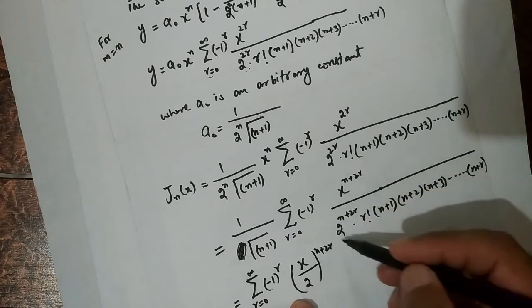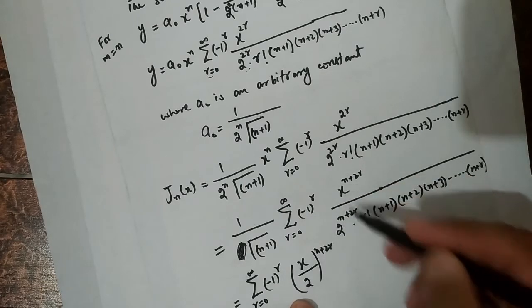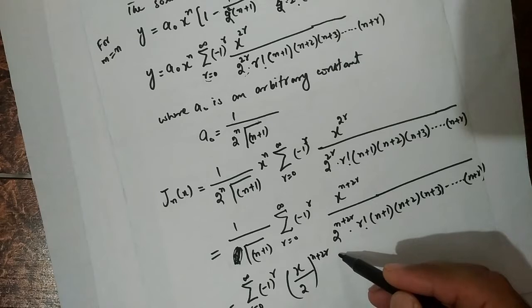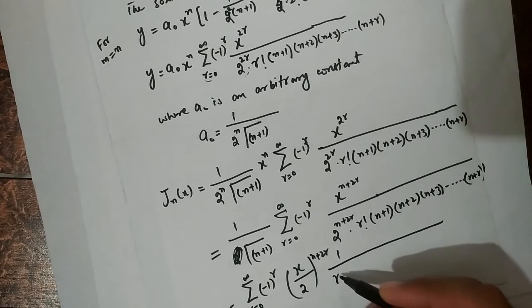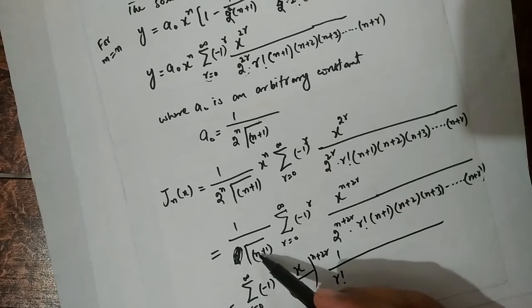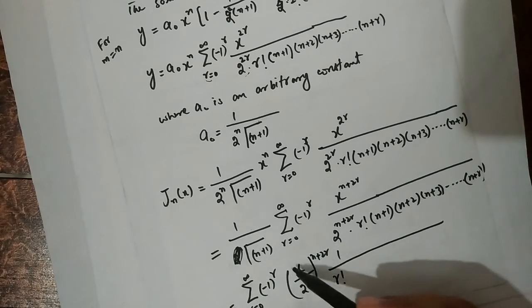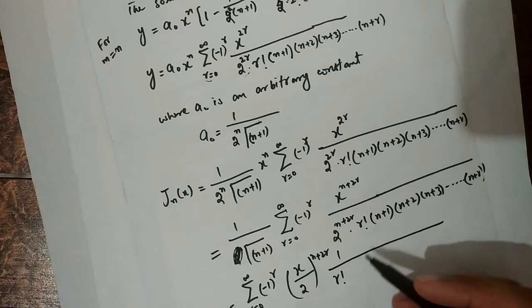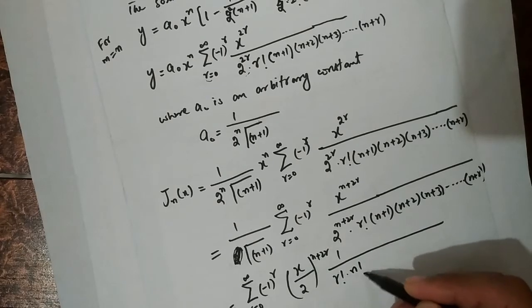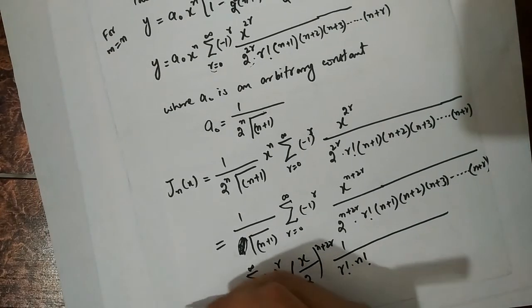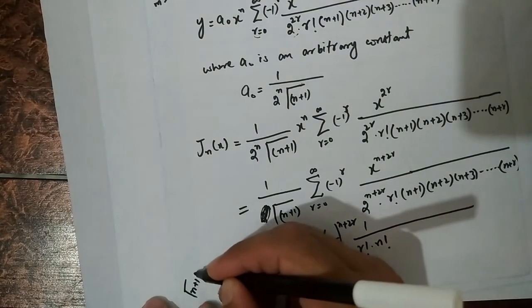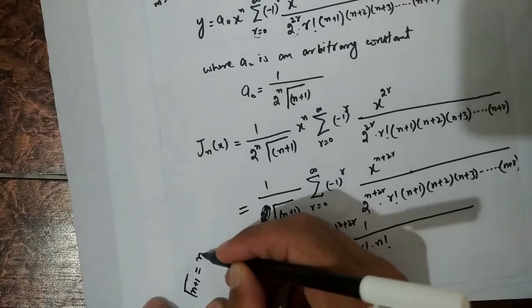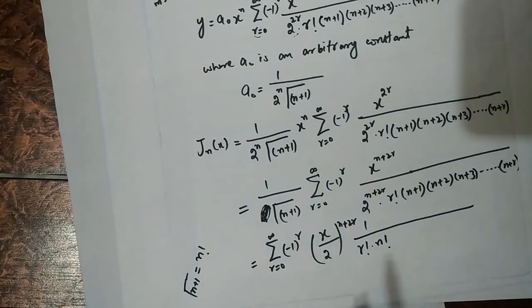I have taken the power common from these two terms, and it will become 1 upon r factorial, and gamma n plus 1, which is brought here, will become n factorial. Remember that gamma n plus 1 is equal to n factorial, and this property is also proved in one of our lectures.